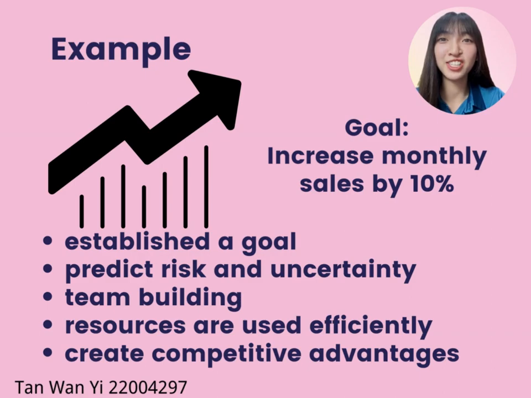The staff clearly understand what steps they should be conducting during the whole process. In addition, they will also work together while completing their task, which is also a way of team building. This is because through team working, the organizational productivity and efficiency will be improved. This means that the resources are being used efficiently.